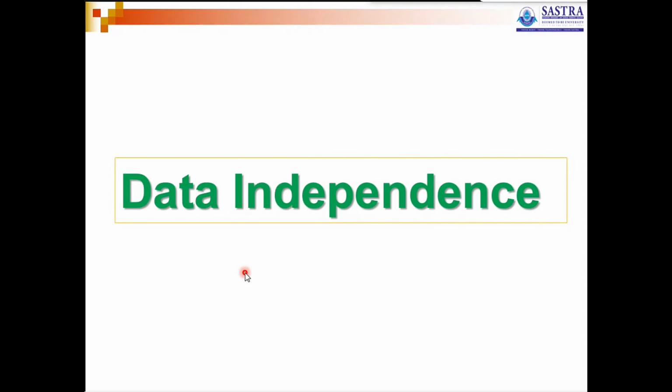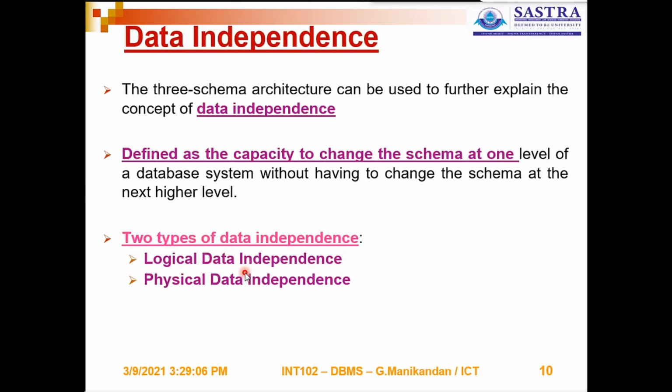The next concept related to your three schema architecture is data independence. You can use the same three schema architecture to explain the concept of data independence. How will you define data independence?